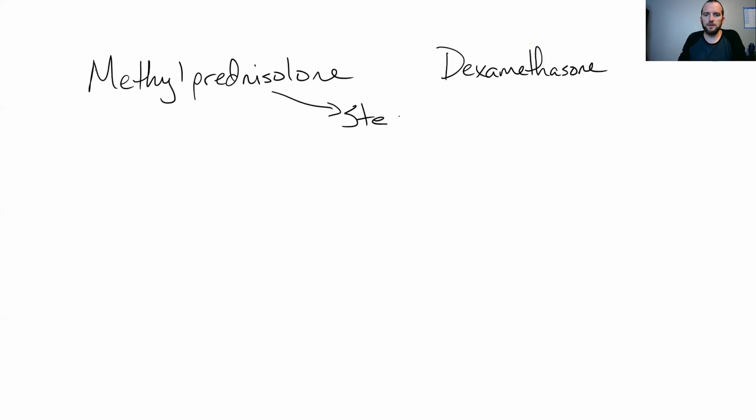Both of them generically can be called steroids, right? I know in the drug profiles that we use, they use glucocorticoid, synthetic adrenocorticoid, especially on the dexamethasone side. But very generically, we can talk about them as steroids, right? And that's going to work just fine for us.